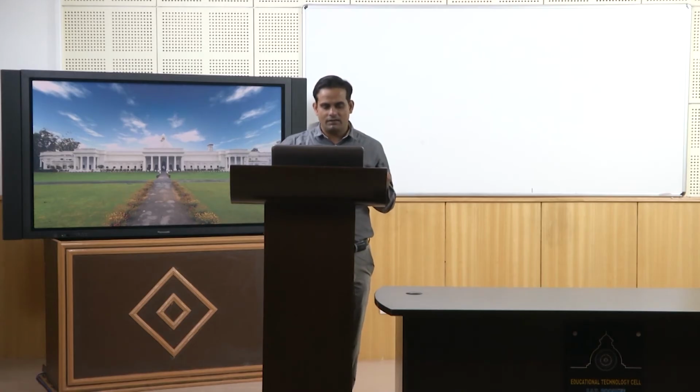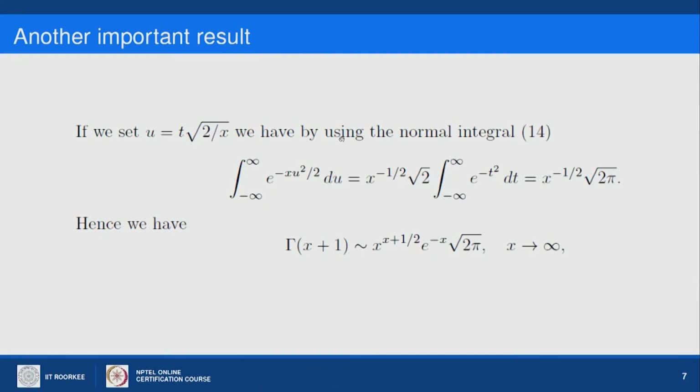If we set u equals t times root 2 upon x, we have the relation: the integral from minus infinity to infinity of e raised to power minus x u square by 2 du equals x raised to power minus half, root 2 will be out, times the integral from minus infinity to infinity of e raised to power minus t square dt, and you know that this integral is root pi.